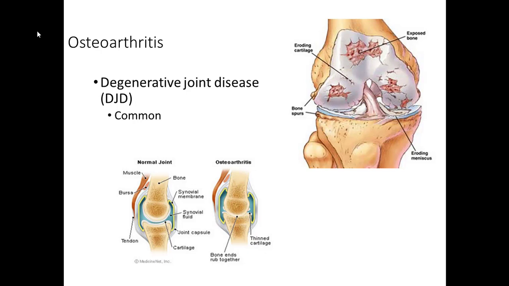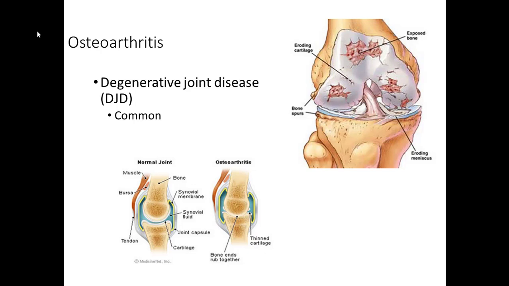All right, osteoarthritis. Osteoarthritis is also called DJD or degenerative joint disease. Osteoarthritis is very common. Please remember that osteoarthritis does not have to be in both sides of the body. You can have osteoarthritis in your right knee and not have it in your left.